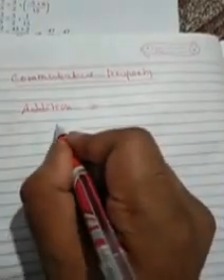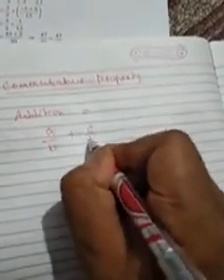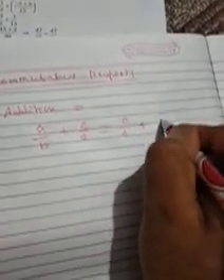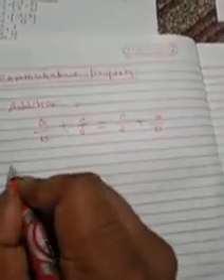Two rational numbers can be added in any order. If a upon b and c upon d are any two rational numbers, then a upon b plus c upon d is equal to c upon d plus a upon b. These are equal.